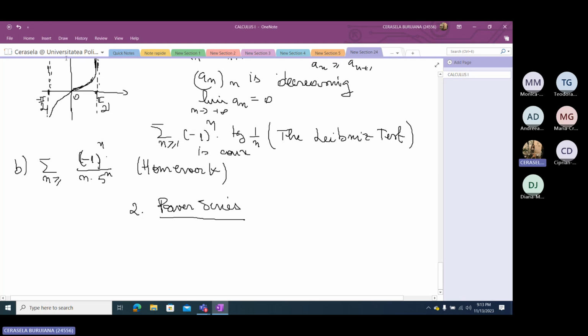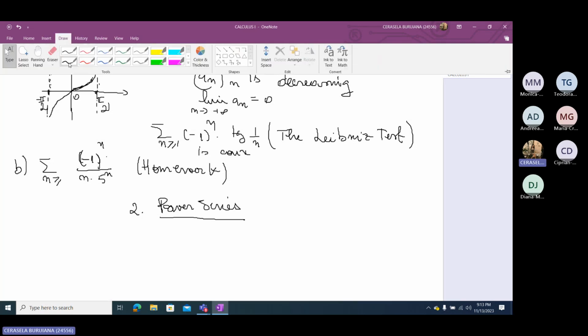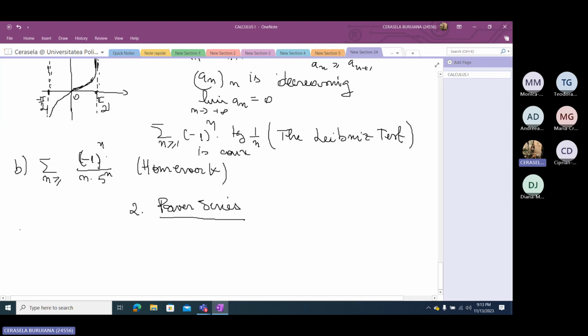The first type of exercise we'll work is to determine the domain of convergence of a power series. If you remember, we worked this kind of exercise at the seminars. Let's do one more exercise.